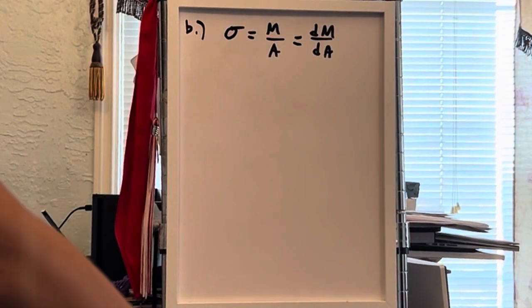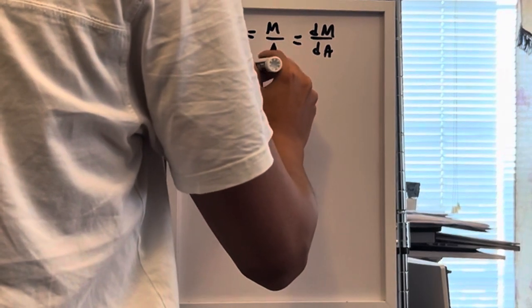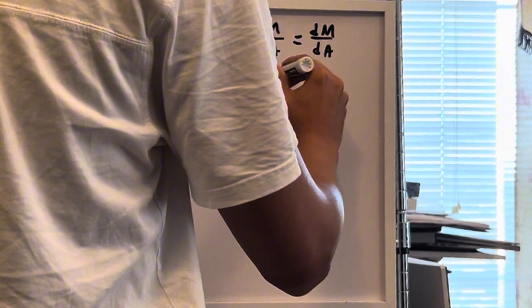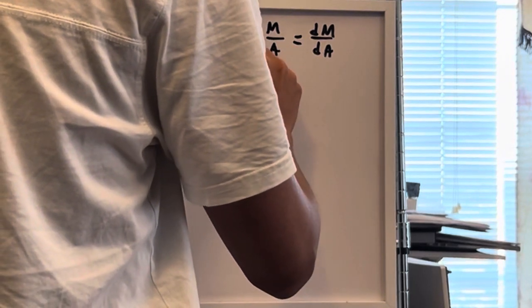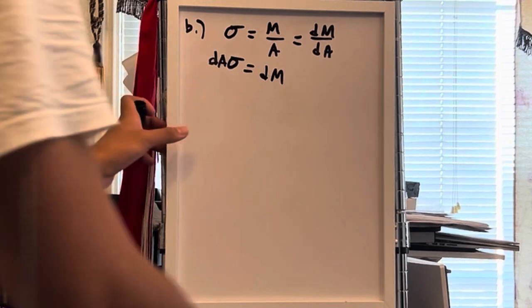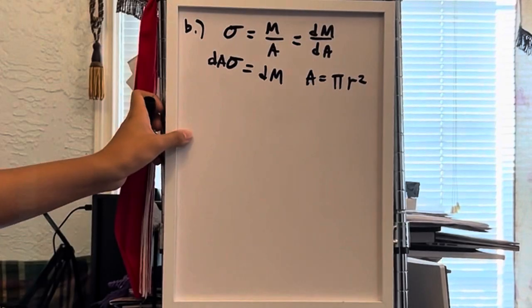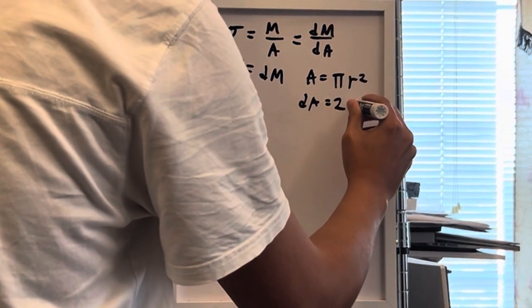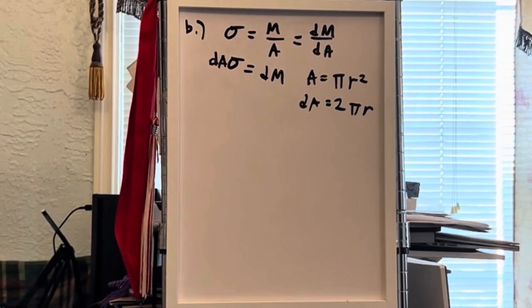So sigma is equal to dm over dA. Okay, so I'm going to have that general expression. I know that the area for a disk is going to be pi r squared, and the derivative of that area is going to be 2 pi r, like so.